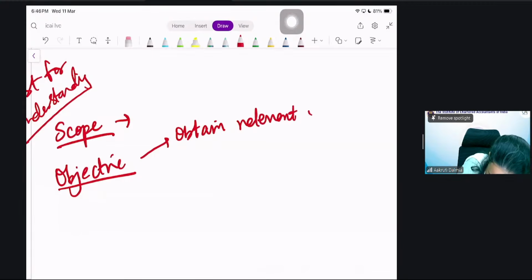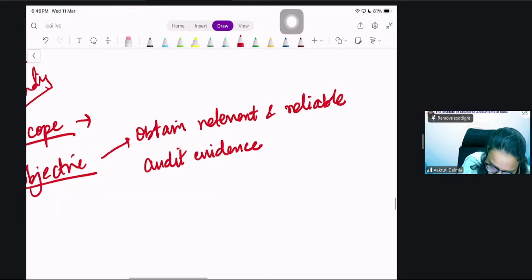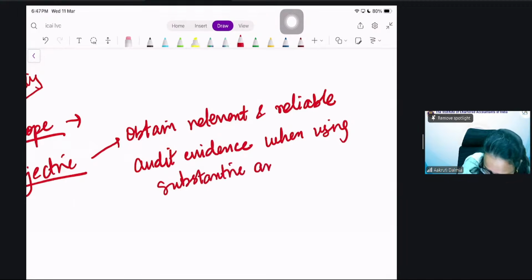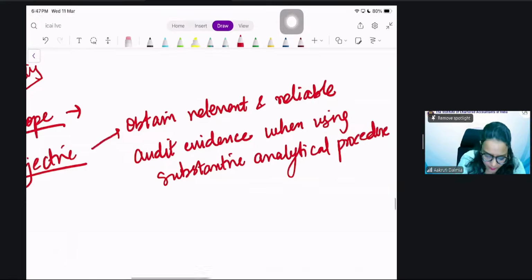relevant and reliable audit evidence when using substantive analytical procedure. I'll explain the meaning, okay?